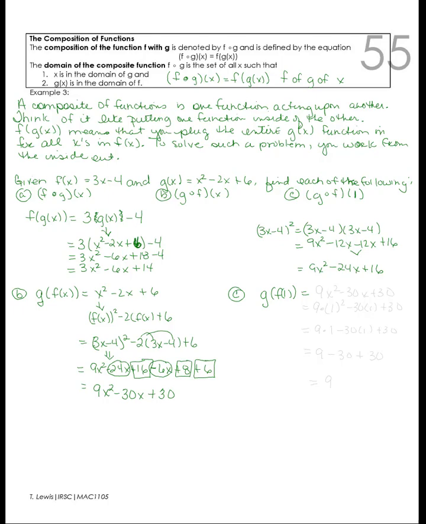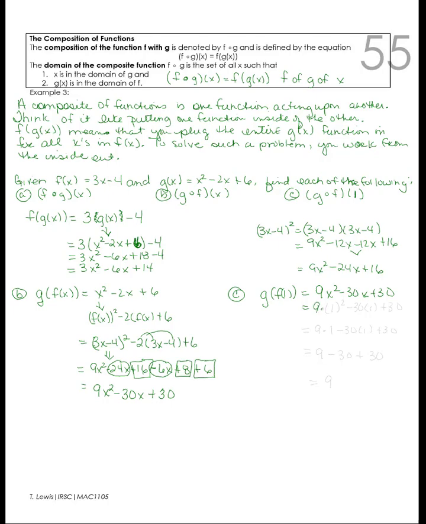Here's why. Because for part B, we found g of f of x. So we know what that is equal to. Since we know that g of f of x is equal to 9x squared minus 30x plus 30, all we have to do is substitute 1 in for the x here.